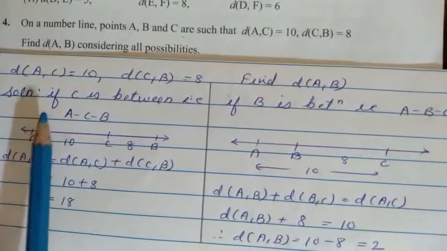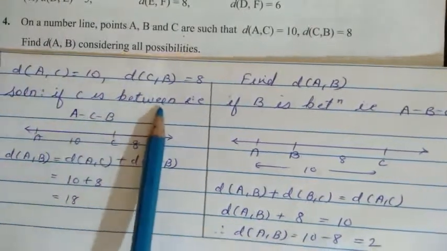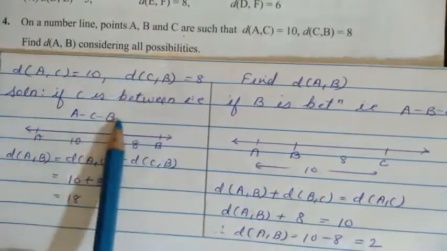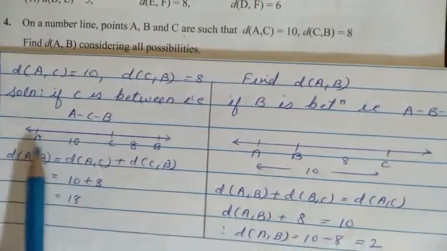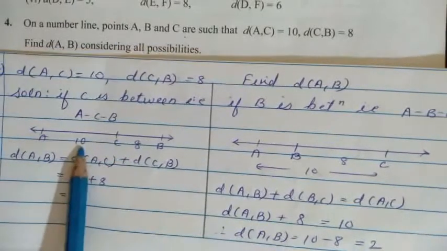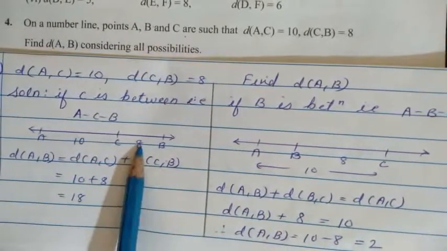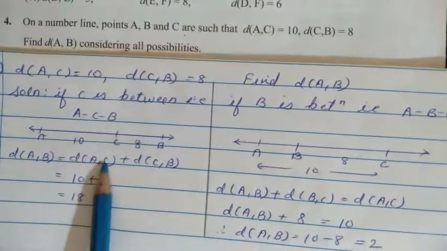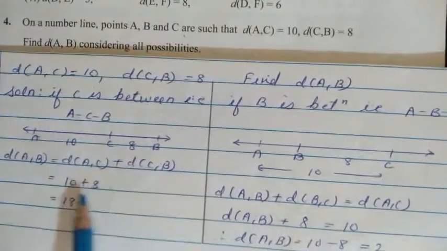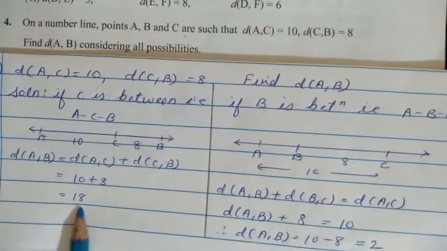There are two possibilities here. If C is between A and B, as shown in the figure here, point C lies in between A and B, where AC is 10 and CB is given as 8. Then we can find distance AB as distance AB is equal to distance AC plus distance CB. That is equal to 10 plus 8, which is equal to 18.